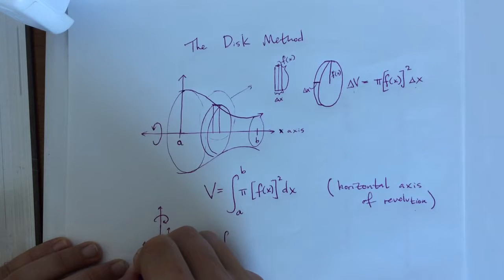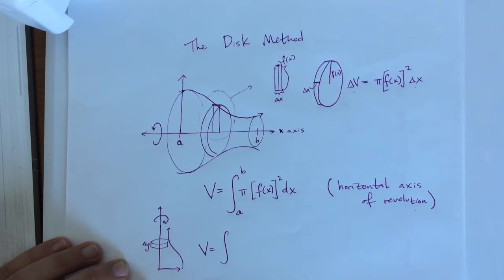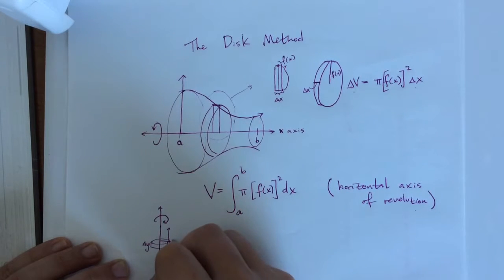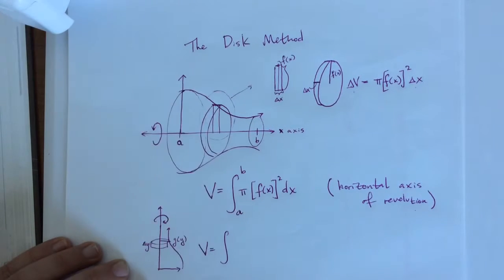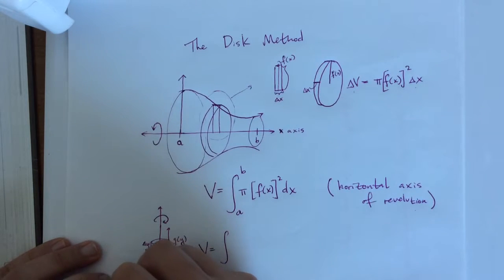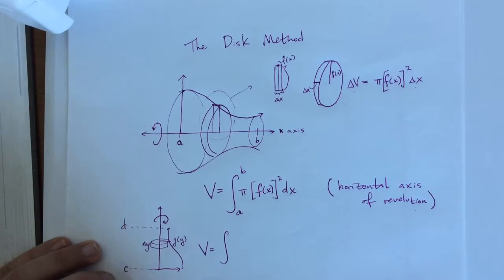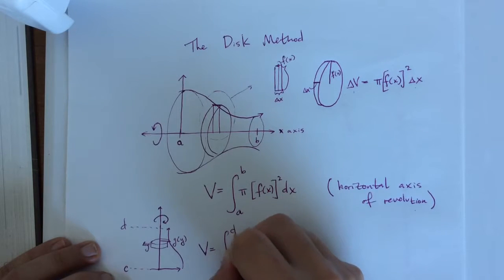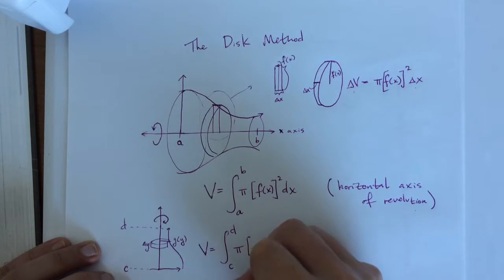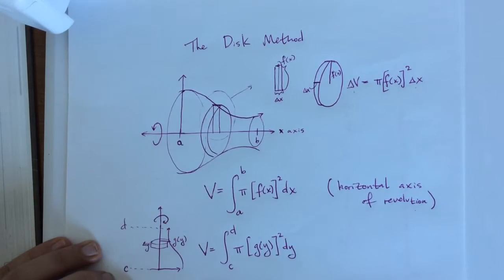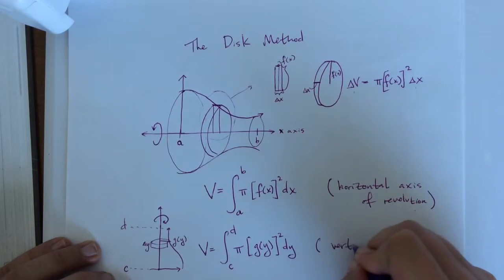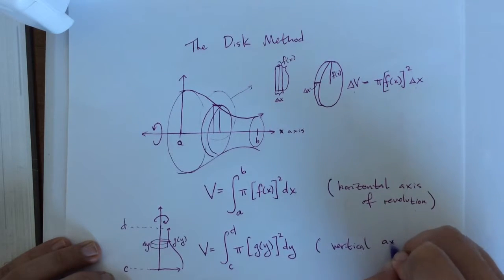So instead of a delta x, I have a delta y, and instead of a function f of x, I have some function of y, which I'll call g of y. That gives me the radius at each point. Let's say the height starts from a point c and ends at a point d. Then the volume would be the integral from c to d of pi times g of y squared, and I'll take the integral with respect to y. So that is for a vertical axis of revolution.